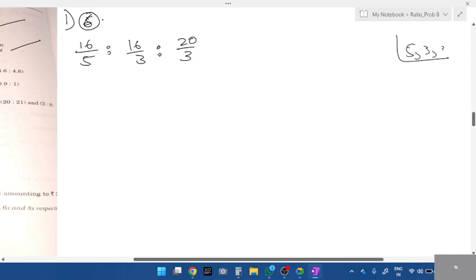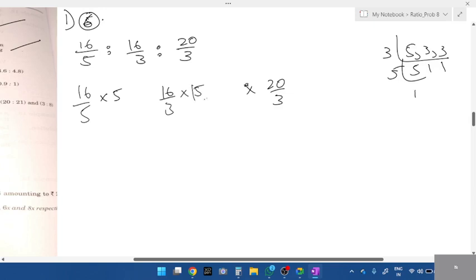What's the LCM? 15. Multiply 15 with all three. 15 is 2 and is 2. Okay, tell me the answer, students. 3.